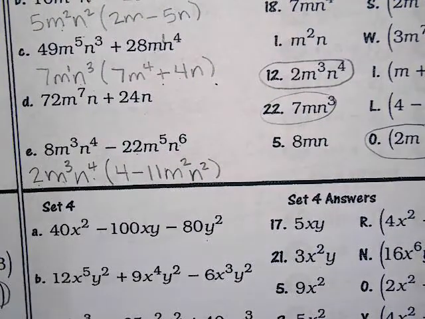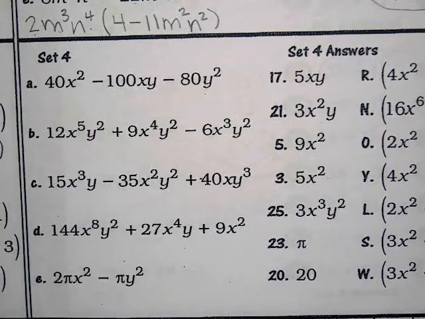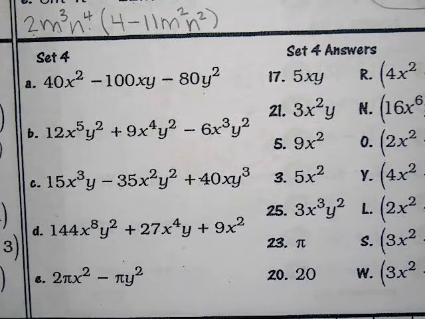In set 4, what problem should we do in set 4? Which one? B. Okay, so between a 12, a 9, and a 6, what number could we take out? 3. I'm going to take a 3 out.